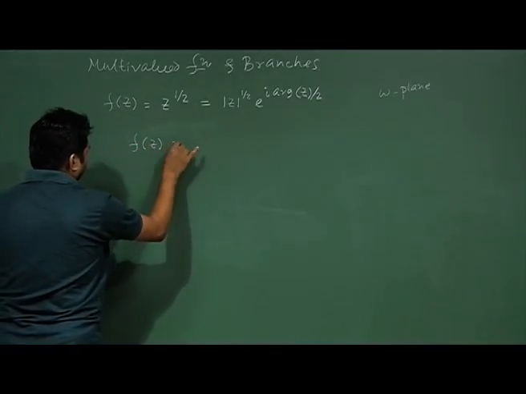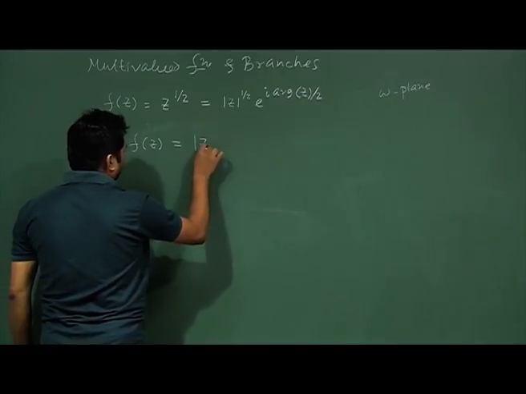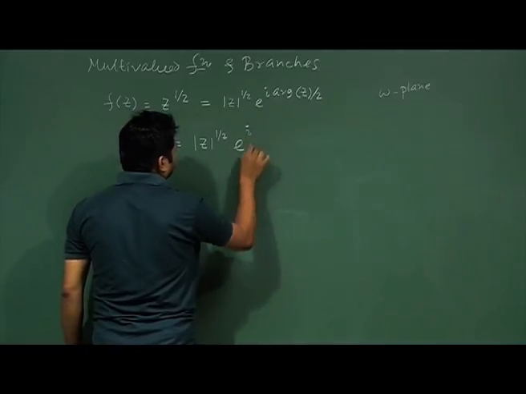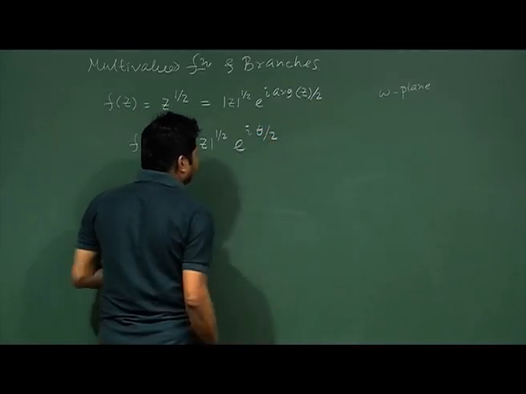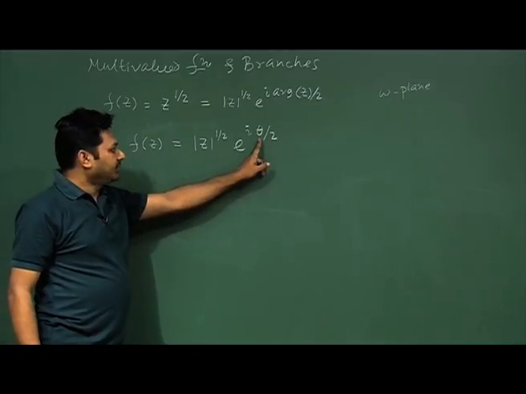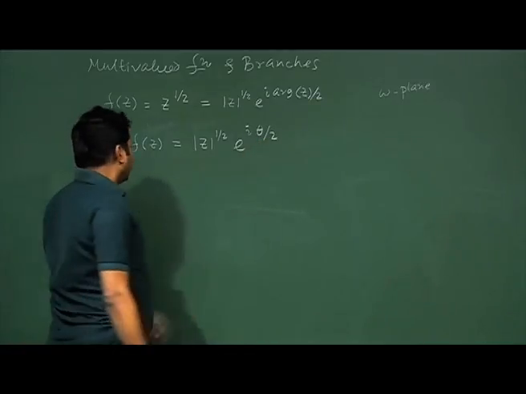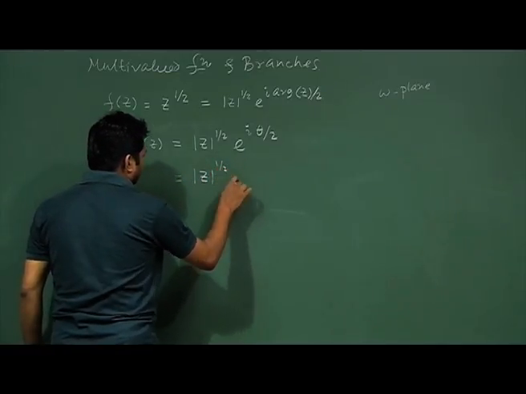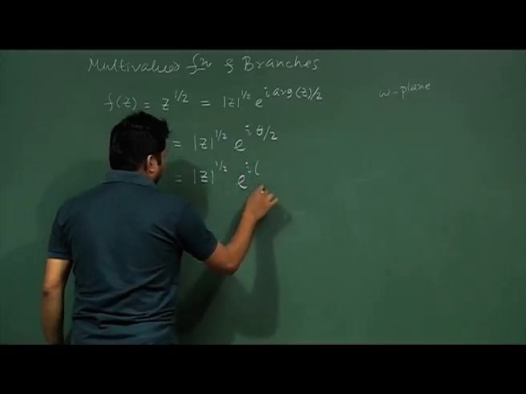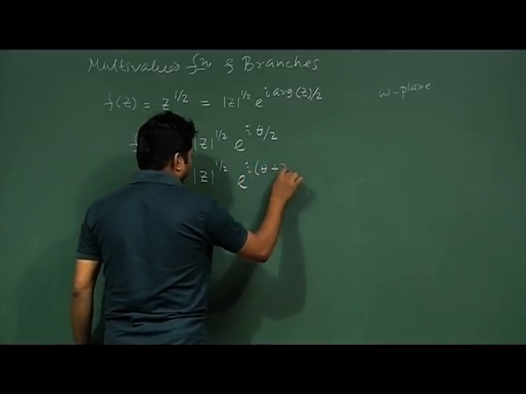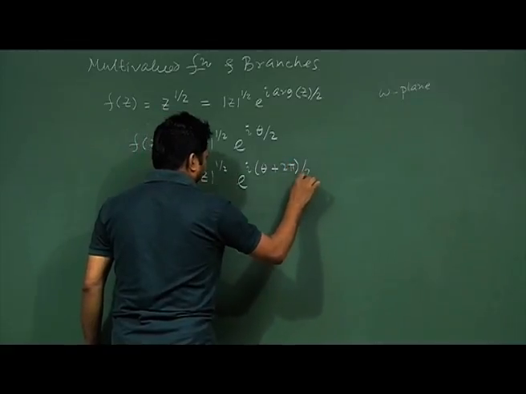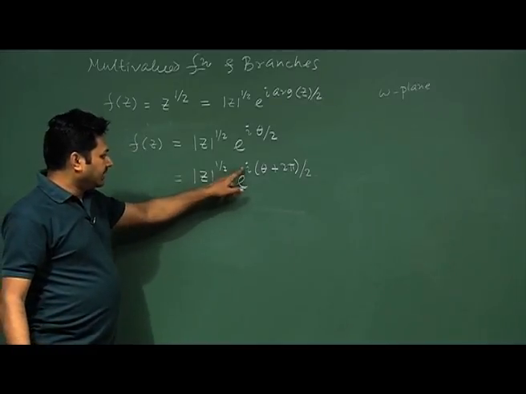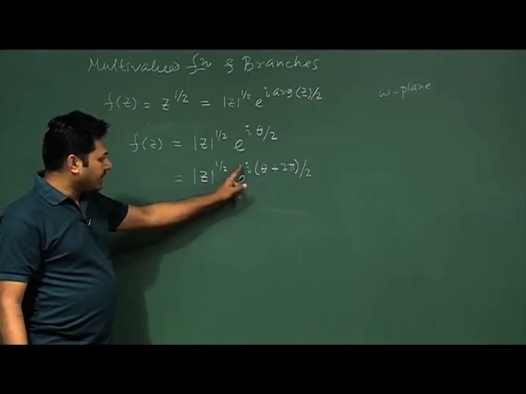So, f of z is equal to mod z to the power half e to the power i theta by 2, if I take this theta as my principal value. Now, the same z point can be represented in another way, because if I rotate another 2 pi, I will return back to the same point.